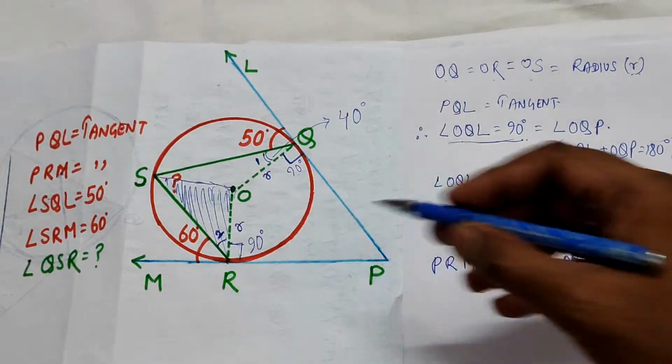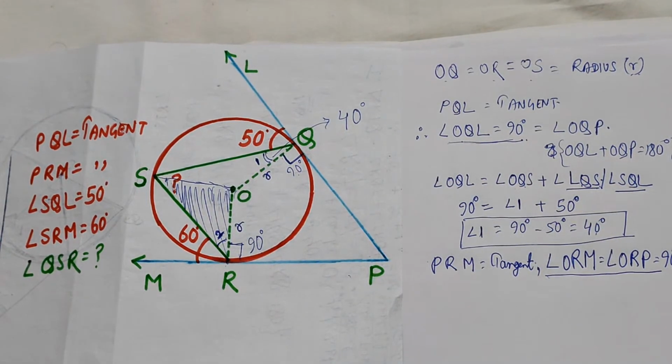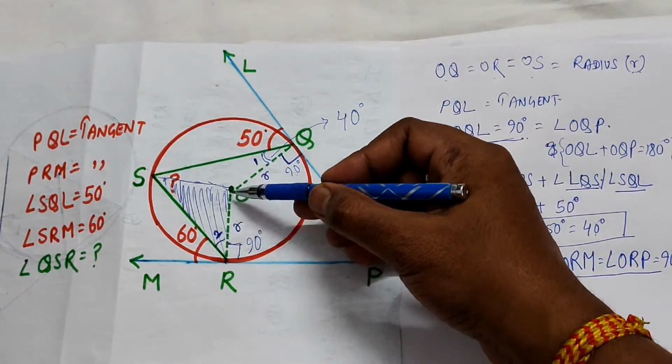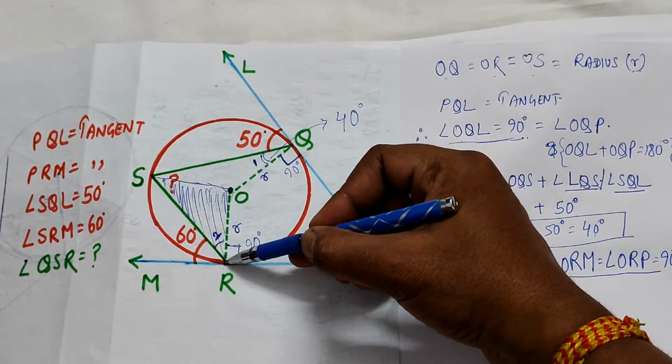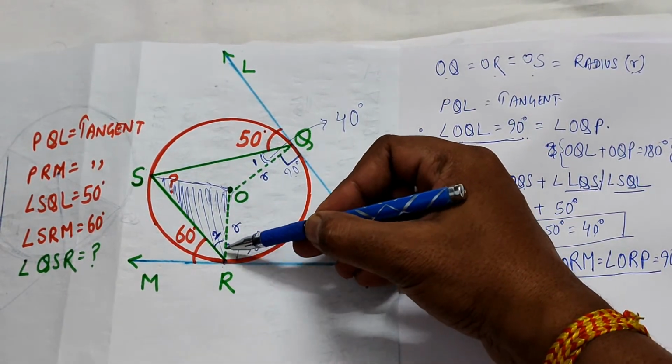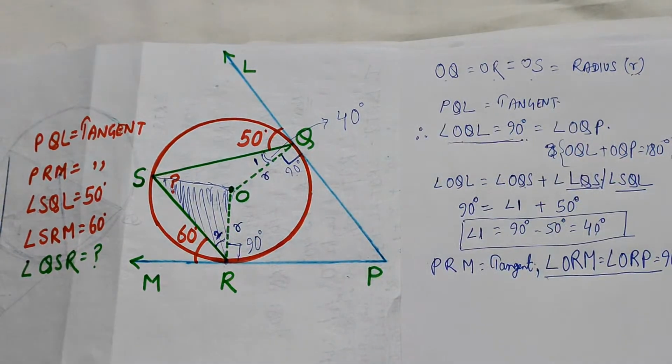Because PRM is tangent, very simple. And OR is a radius. And this is the point of contact. So here it's making an angle of 90 degrees.